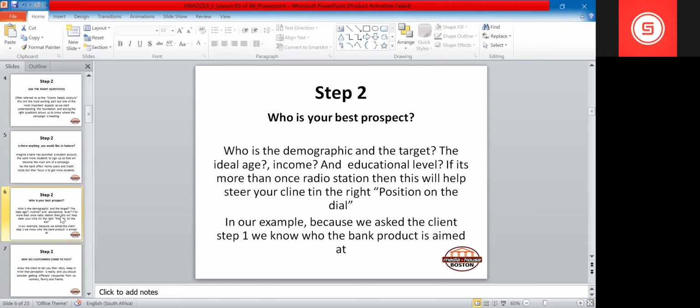It's more than one radio station. This will help steer your client. Really focus down on why that position is on that particular dial of the radio station's frequency, right? So again, we look within our target market. If we are looking at students, this has to be a youth-based station, or they might be part of our psychographic.